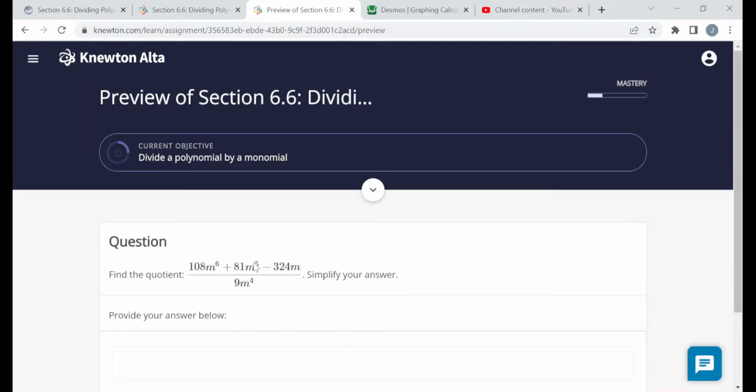So here we go again, right? Another one where the numerator is a trinomial, a 3-term polynomial divided by a monomial. And we're just going to take each term of the numerator and divide it by the monomial in the denominator. Write this as a sum of 3 fractions.